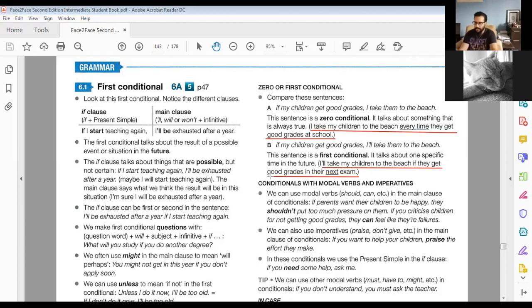This conditional sentence talks about something that's so true. I take my children to the beach every time they get good grades at school. I will take my children to the beach every day.